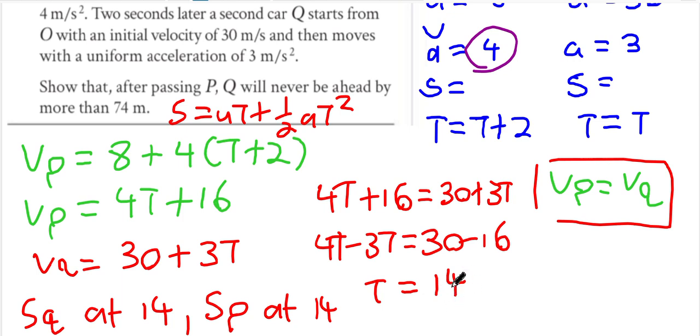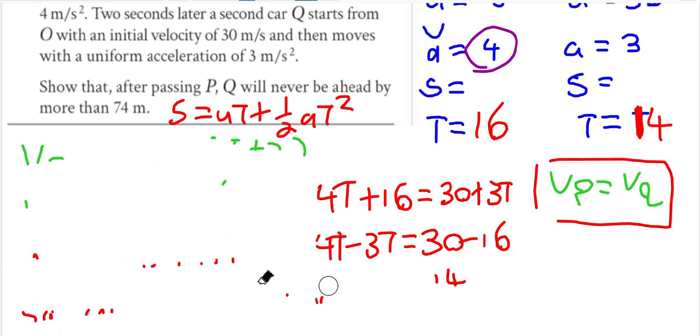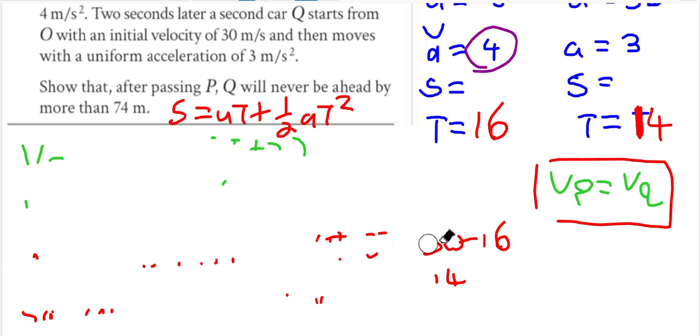Do you know why I said T equals 14? That means Q is traveling for 14 seconds, but P is actually traveling for 16 because it's traveling those 2 seconds longer. And we're going to find the distance traveled by both vehicles.